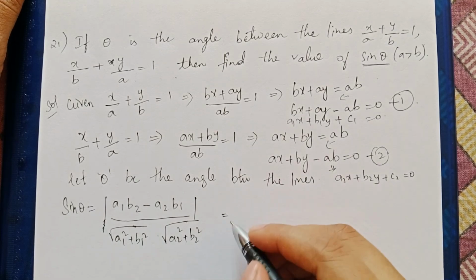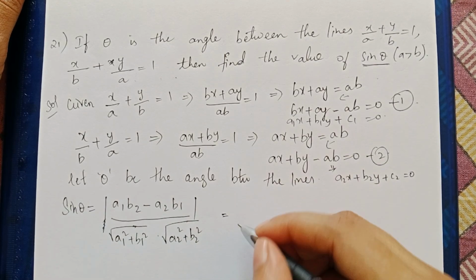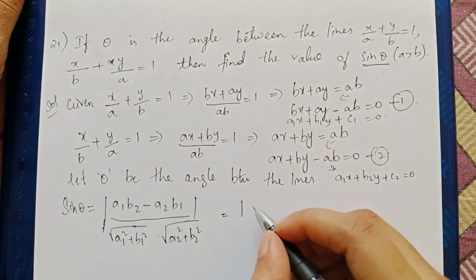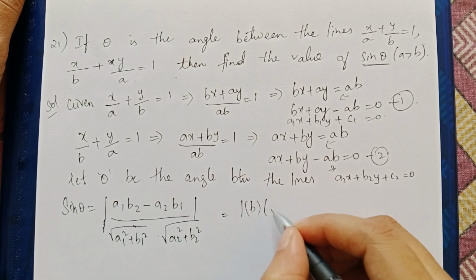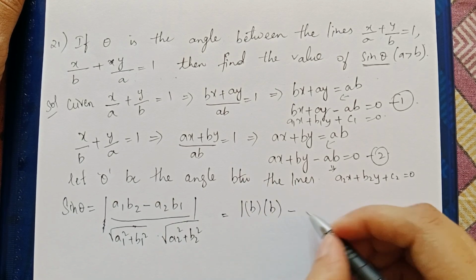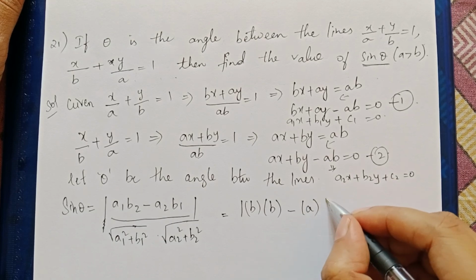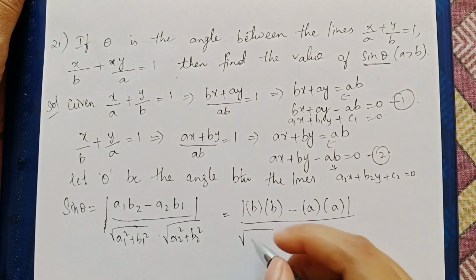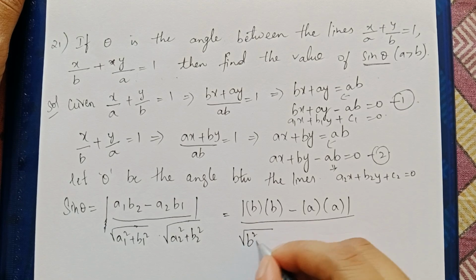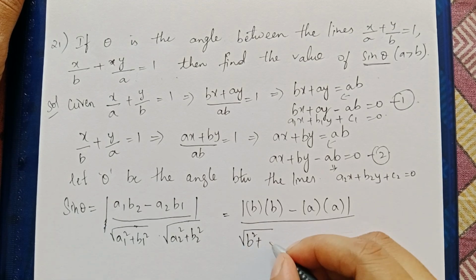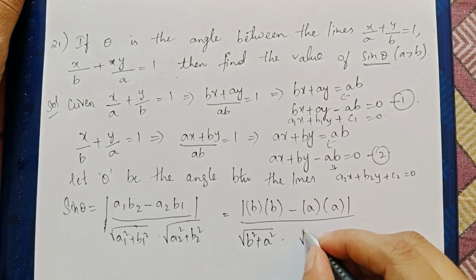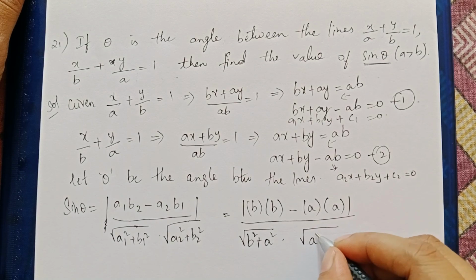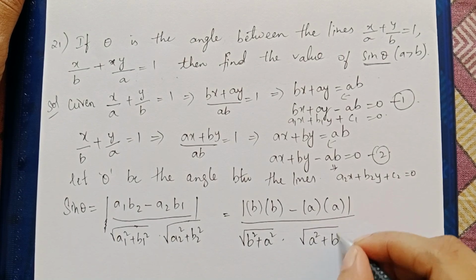Substituting the values of a1, b1 and a2, b2, it is mod of a1 value is b, into b2 value is also b, minus a2 value is a and b1 value is also a, by root of a1 is b square plus b1 is a square, into a2 is a square plus b2 is b square.